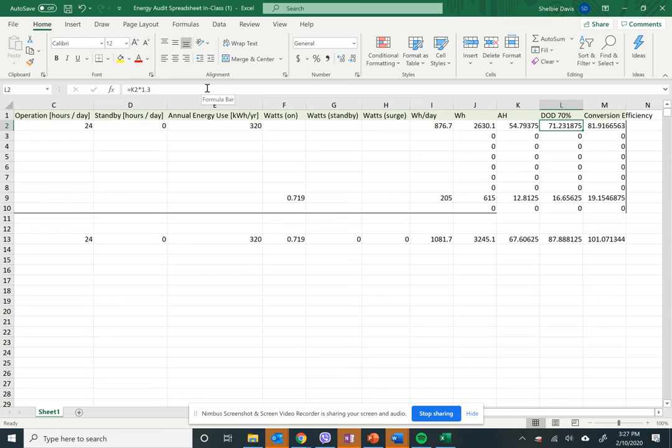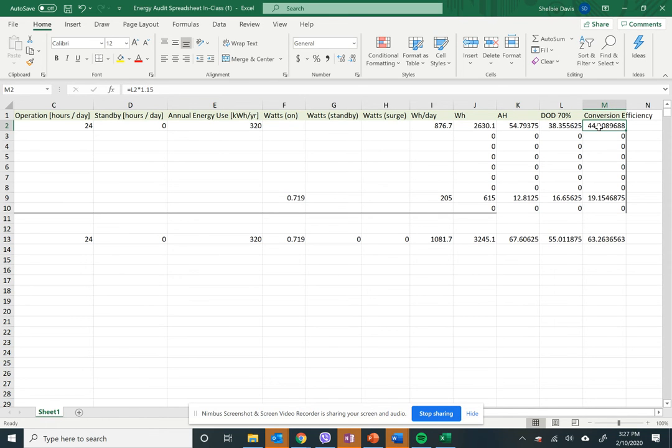You would need to multiply it by 1.43 instead of 1.3. Or divide by 70. You are exactly right. All right, divide by 70, 0.7.